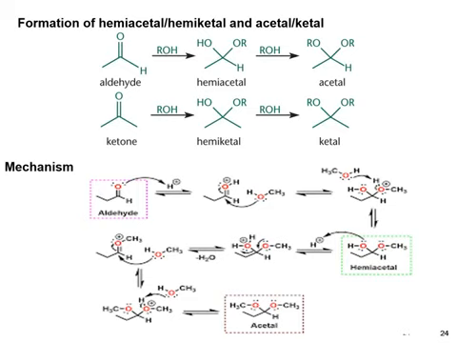Similar is the case with the ketone. You can see an alcohol group is introduced at the carbonyl carbon and gives the hemiketal. In the hemiketal, one free hydroxyl and one alkoxy group are present.